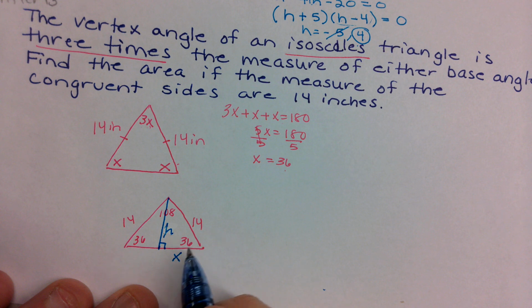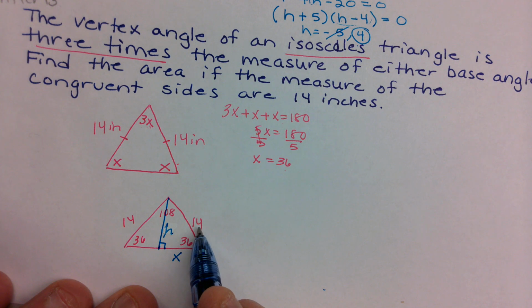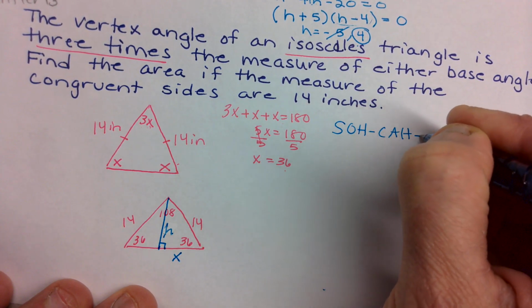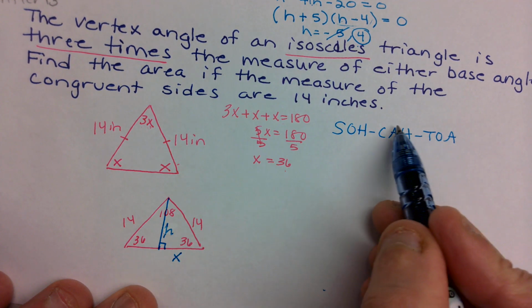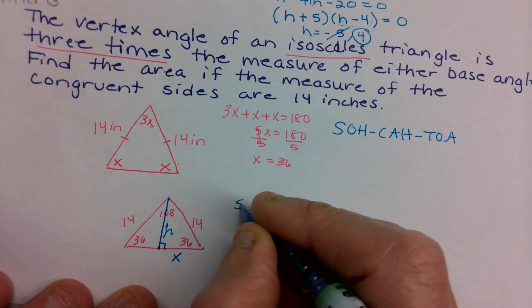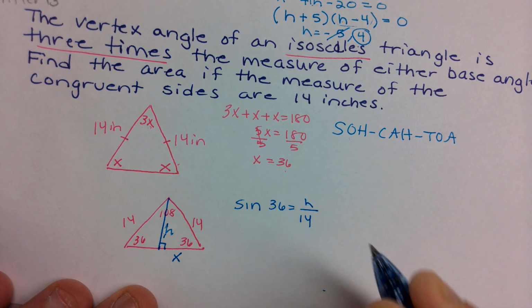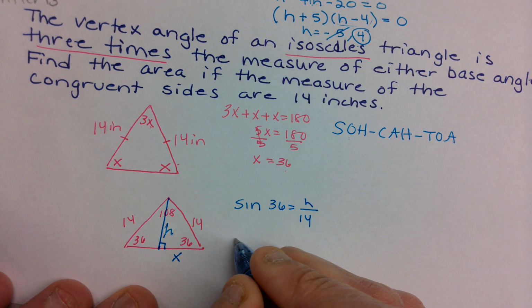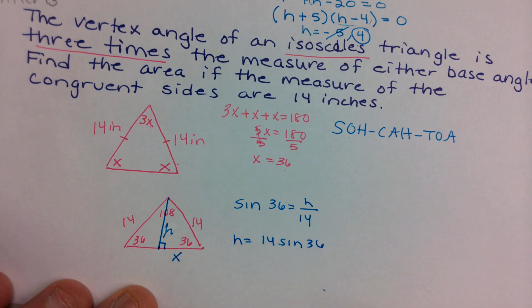Here's my angle measure, this is the side opposite it, and this is the hypotenuse. So again, SOH CAH TOA. Opposite and hypotenuse is sine. So sine of 36 equals the opposite over the hypotenuse. I'm solving for h, so h equals 14 sine of 36.